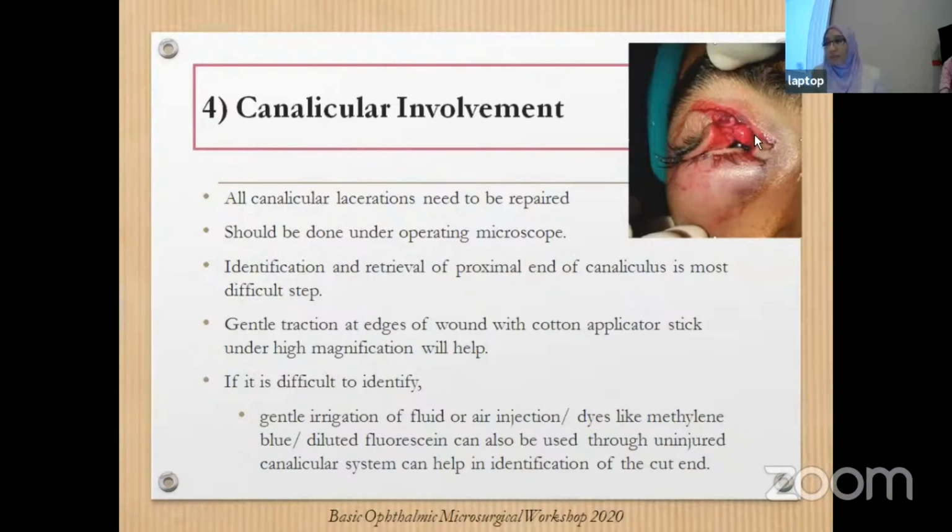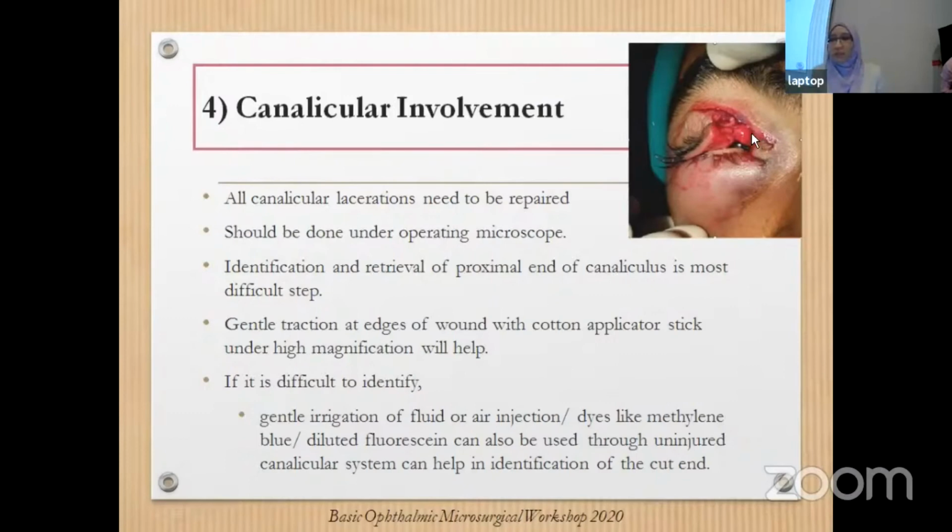But sometimes it is very macerated and more than 24 hours old, so it becomes sticky and difficult to identify. So we can use BSS mixed with fluorescein to try to find the proximal part of the canaliculus, or we can inject viscoelastic also.